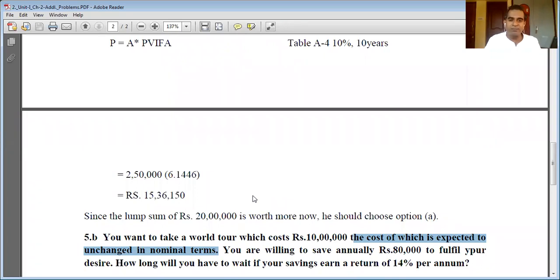It's just an assumption for our benefit, that the cost of the world tour will not change in future. You are willing to save annually 80,000 rupees to fulfill your desire.